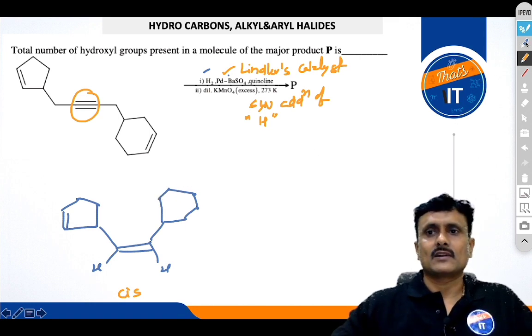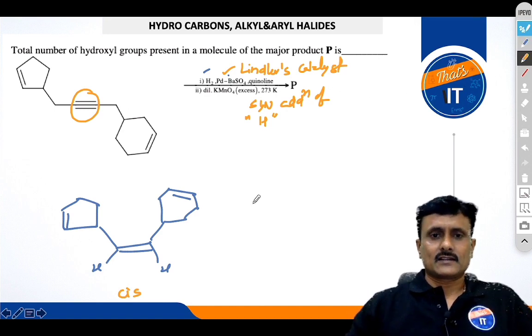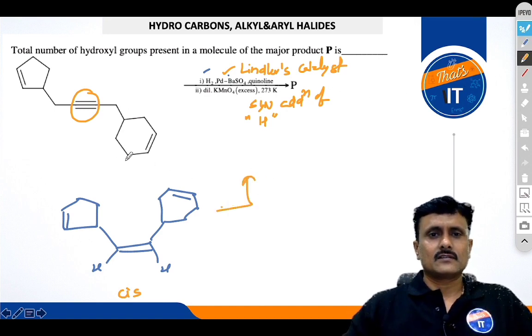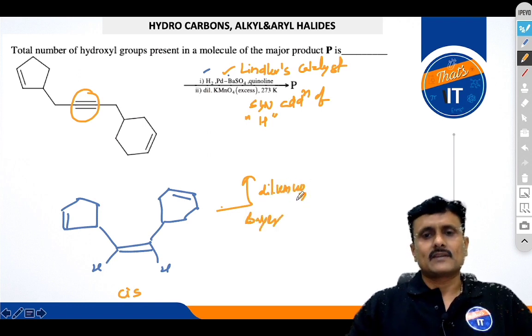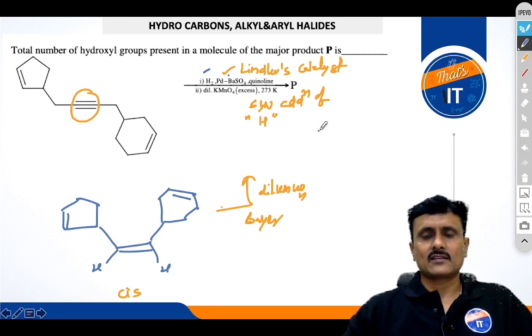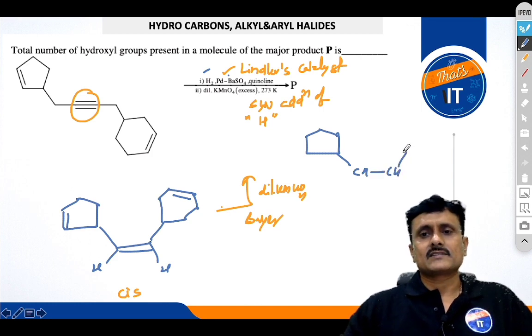So you got a double bond, another double bond. Now you see this is added with dilute KMnO4, that is Baeyer reagent. You know what Baeyer reagent does? It's going to add the OH group to all the existing double bonds, isn't it? And that addition is also syn.